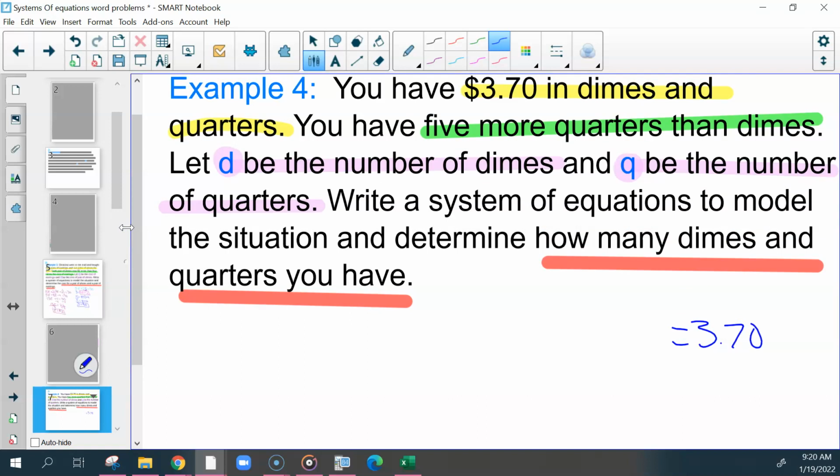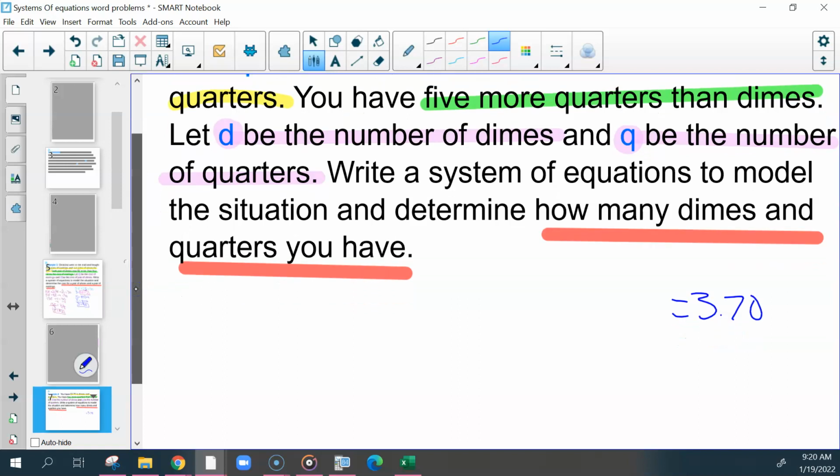Yes. So in these, we can just put D plus Q equals whatever, because that would just tell me, like, if I had 10 and 5, I have 10 dimes and 5 quarters. 15 doesn't equal 3.70. But if you took the worth of whatever you have, then that could help you find the total amount you have.